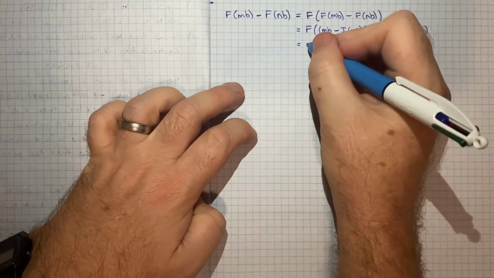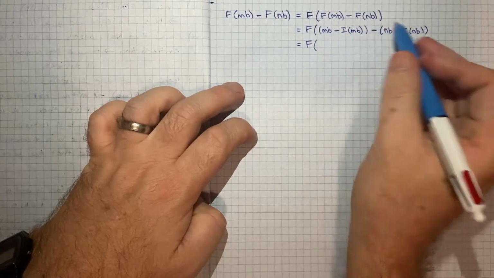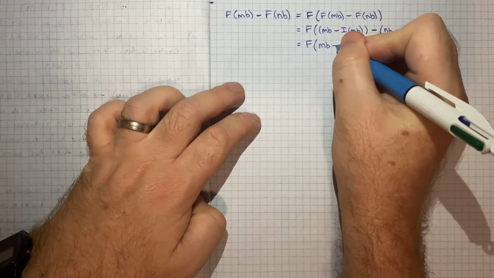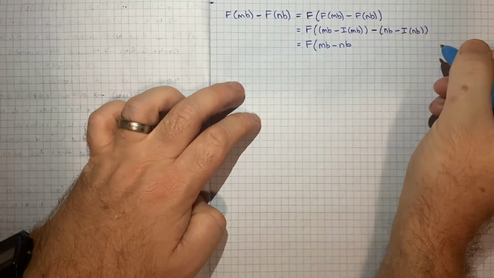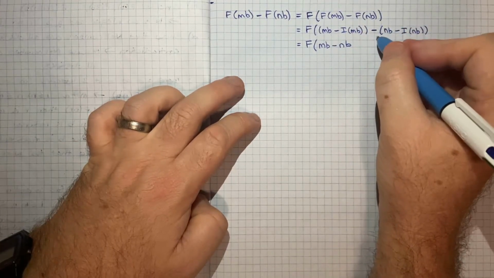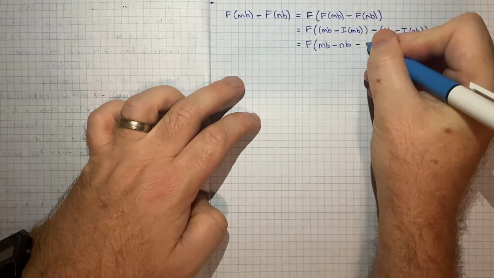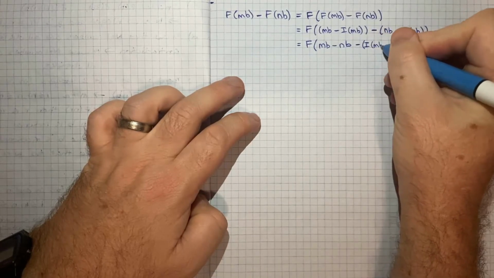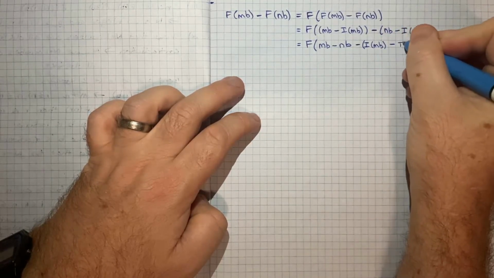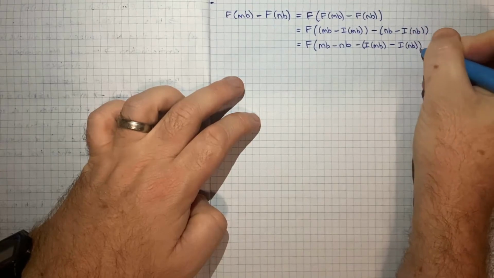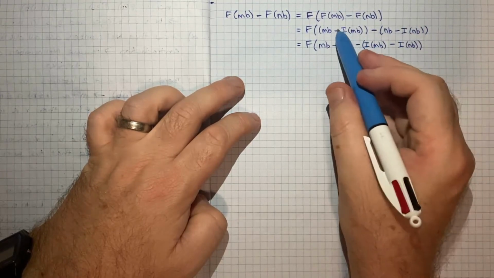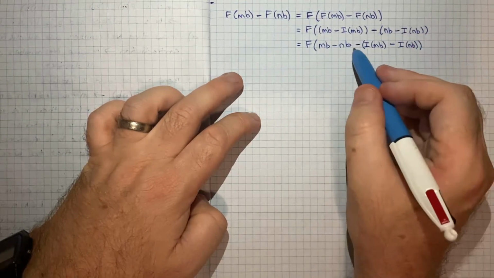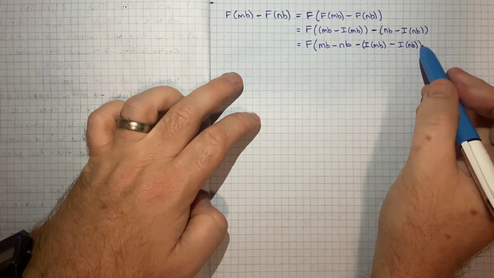So that's going to be the fractional part of, and now let's just expand this. We'll get mb minus nb, and we'll get minus, I can put this in brackets, minus I of mb minus I of nb. Because that'll be minus I of mb, minus minus gets you the plus. So that is a correct thing.